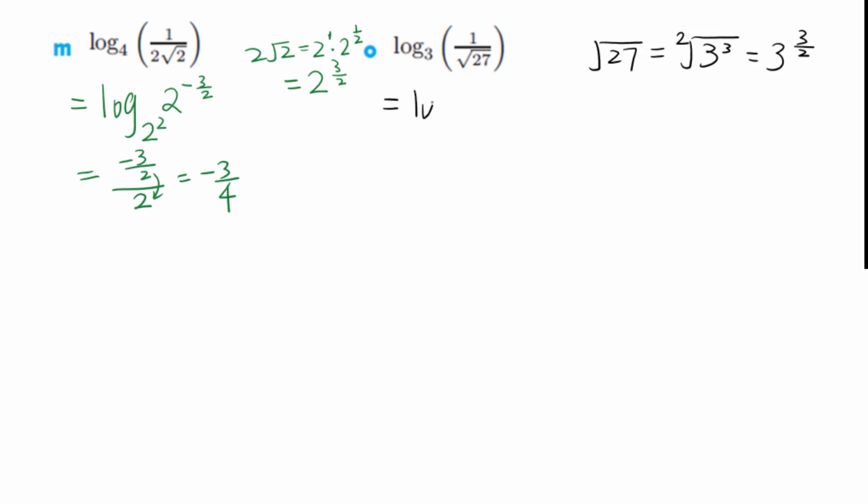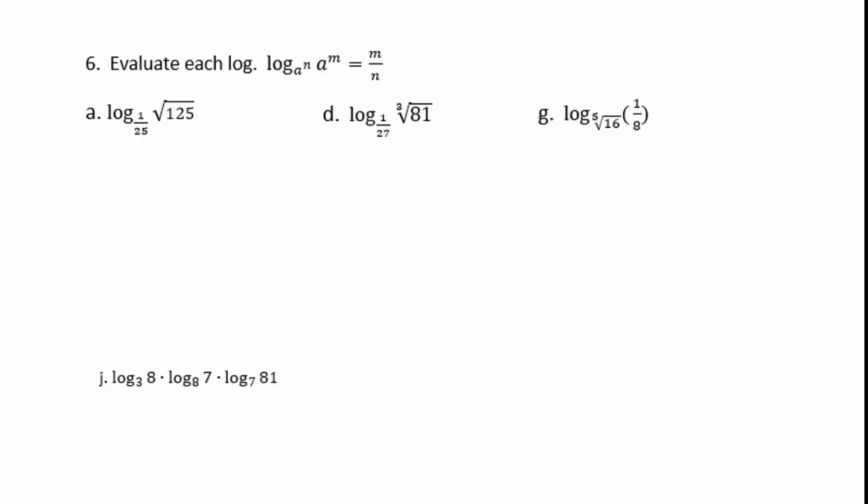So we write down log base 3 to the first power of 3 to the negative 3 over second power. Then the answer will be negative 3 over 2 over 1 will be negative 3 over 2. Let's go to number 6, A.